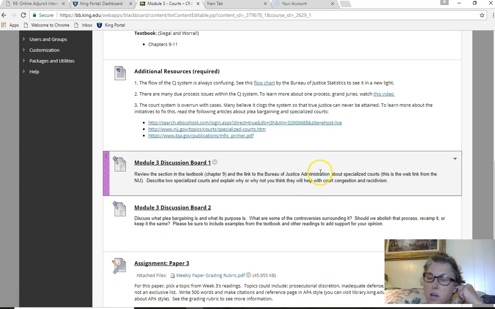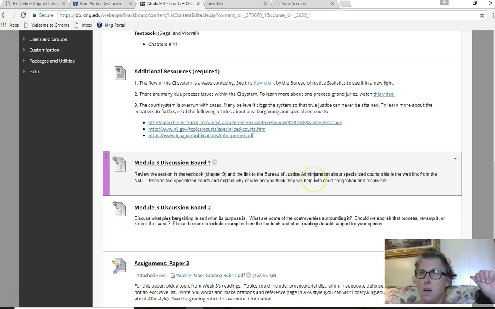And that is when we talk about the specialty courts, it is in the discussion. So you're to describe two specialized courts and explain why or why not you think they'll help with the court congestion. I have not read those yet, and I'm really looking forward to reading those. But I just wanted to tell you now, my opinion is I truly support specialized courts, especially restorative justice.